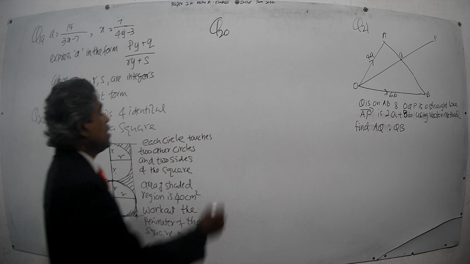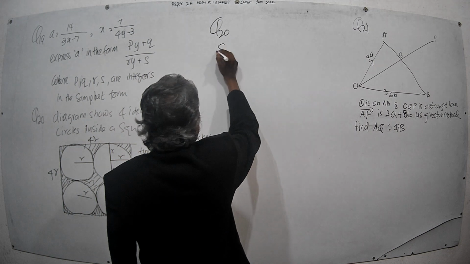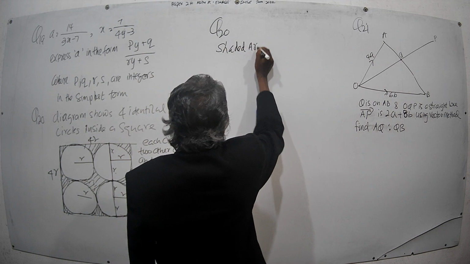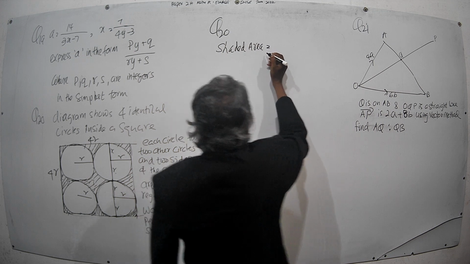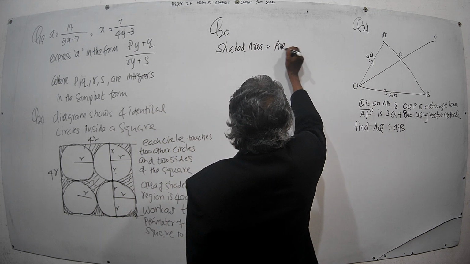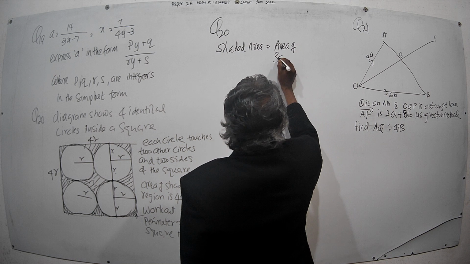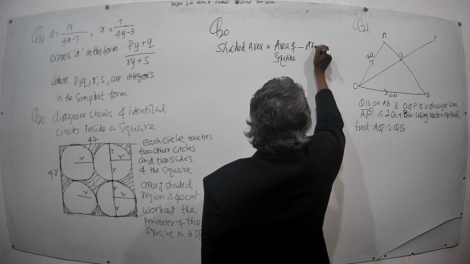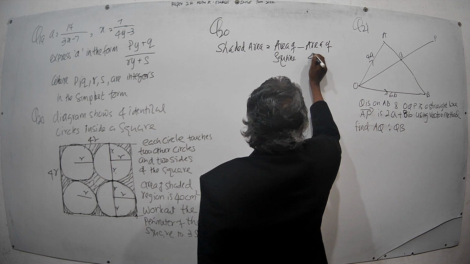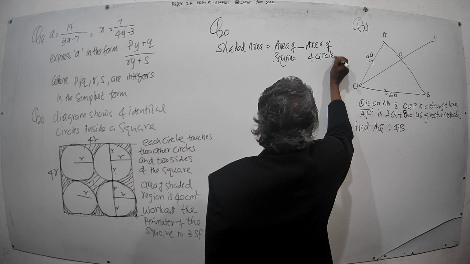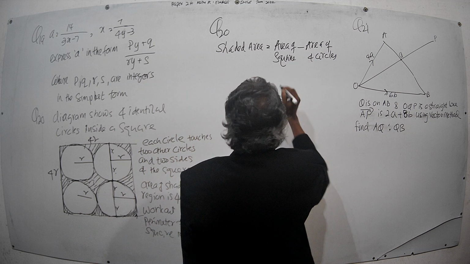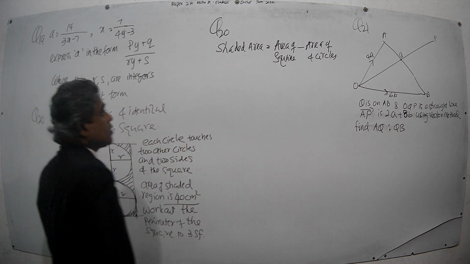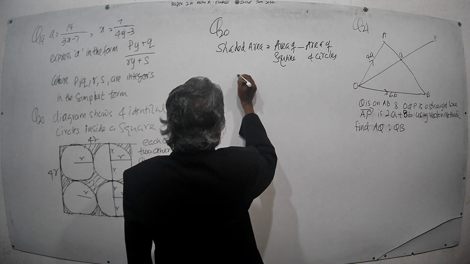How will we write it? Shaded area equals area of square minus area of 4 circles. Okay, all right. Then shaded area is given, that is 40 here, 40 centimeters square.